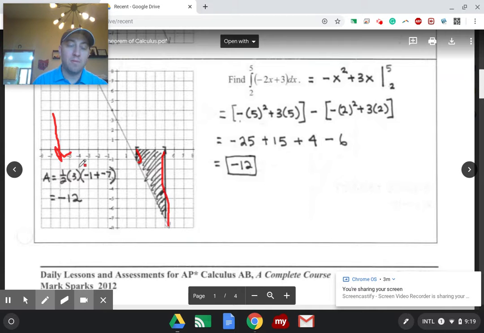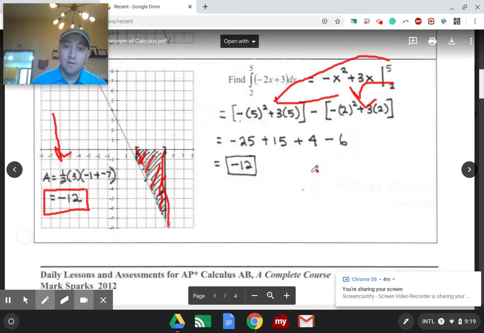Multiplying by the height and then 1/2, my answer is -12. Just notice that all of that area is below the x-axis. The fundamental theorem of calculus here is basically exactly the same. We're working with the same problem, but I plug in 5 and then minus, plug in 2, and we get our answer to be -12.